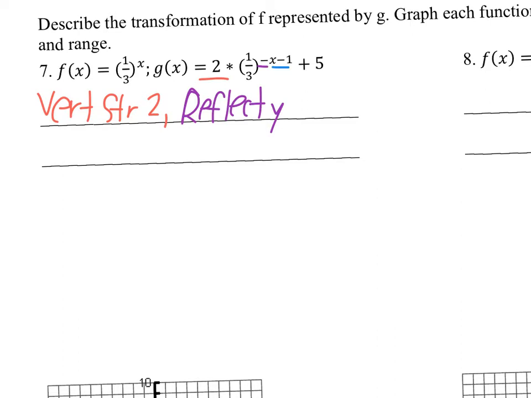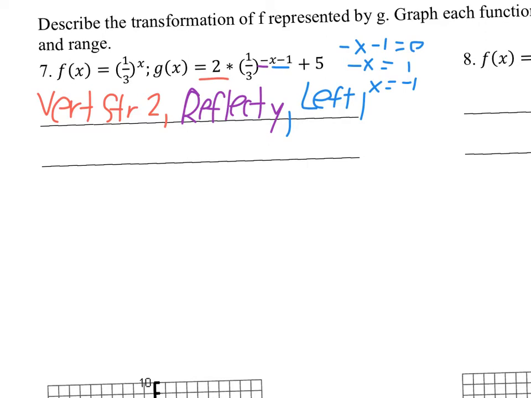That means it's going to be right 1, except it's not going to be. This is where we need to use our zero insertion principle. We're going to take that entire exponent, negative x minus 1, and set it equal to 0, and solve for x. Negative x equals 1, x equals negative 1. So the entire exponent is actually moving the graph 1 unit to the left. So left 1.